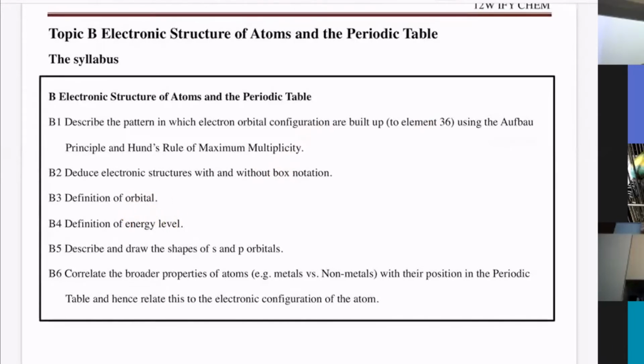Later you're going to see that cartoon, where you need to memorize those important definitions. Then you need to be able to draw the shape of the orbitals and relate their properties to the position they are placed in the periodic table.